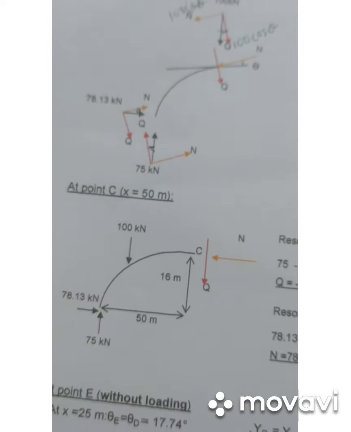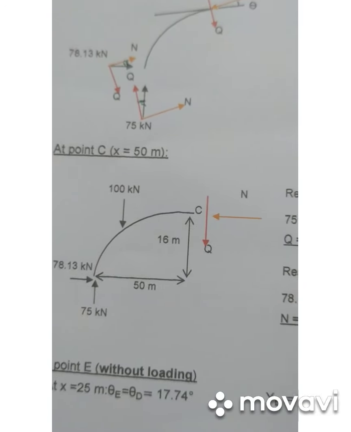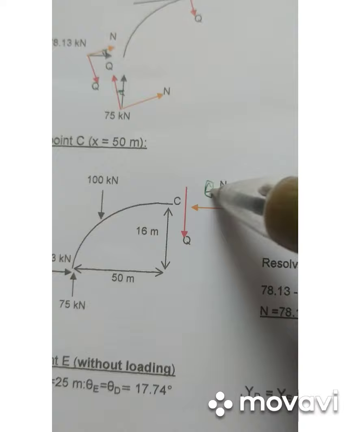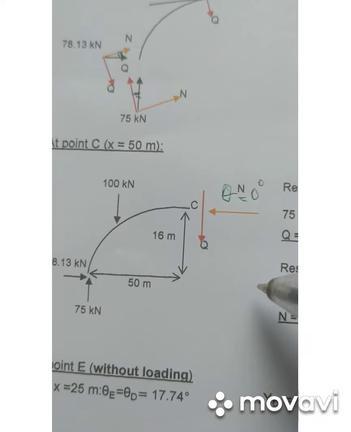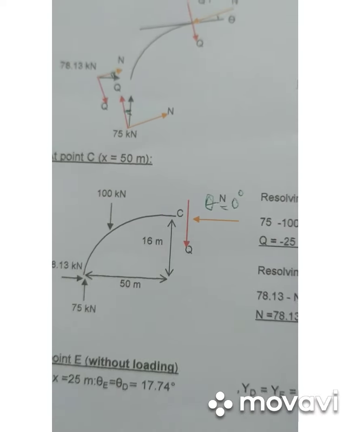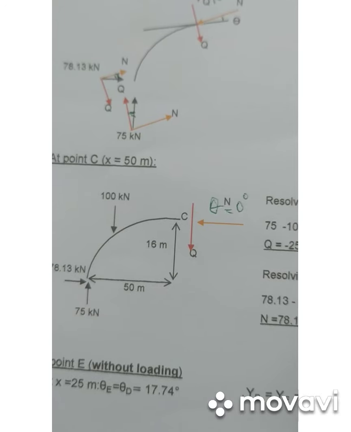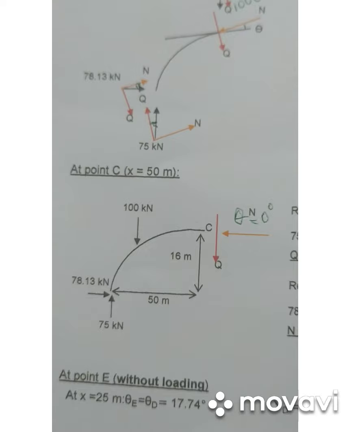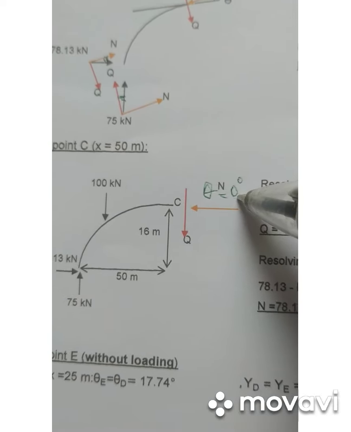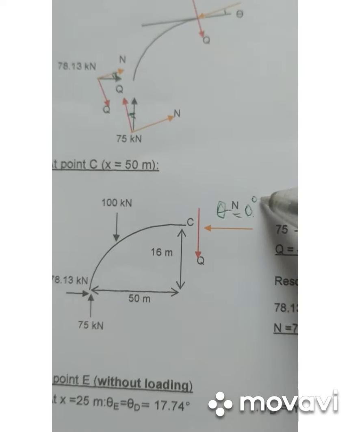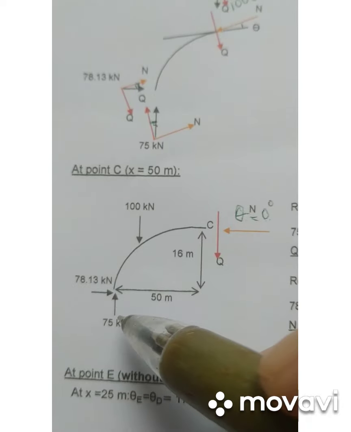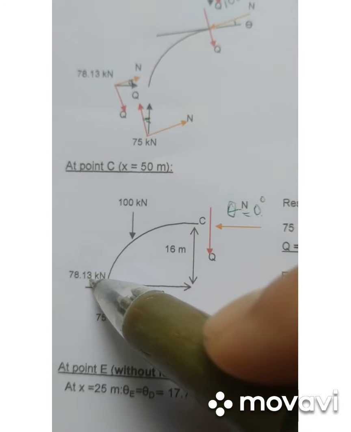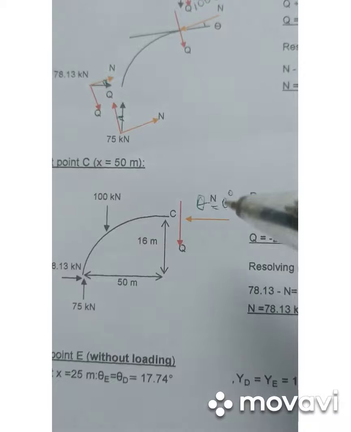Okay, proceed with point C. Point C, actually there is no theta here, theta equal to 0. You may prove it by the equations of slope. You may get approximately 0 for this theta, 0 degree. So put the value of AY, AX and 100.